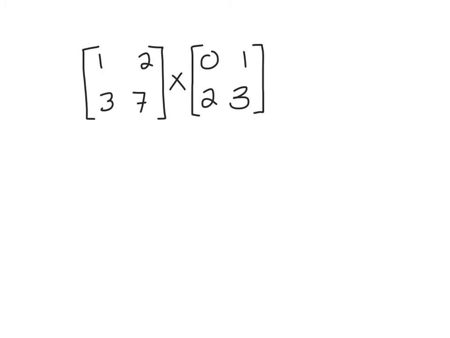Okay, so what we're going to do to multiply these two matrices is I'm going to look at this first row, and I'm going to look at the first column, and I'm going to multiply them together by transposing that second column.